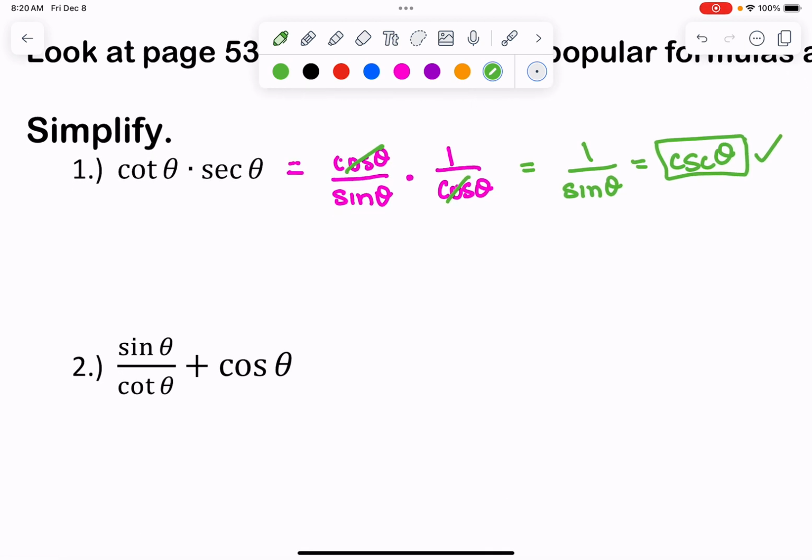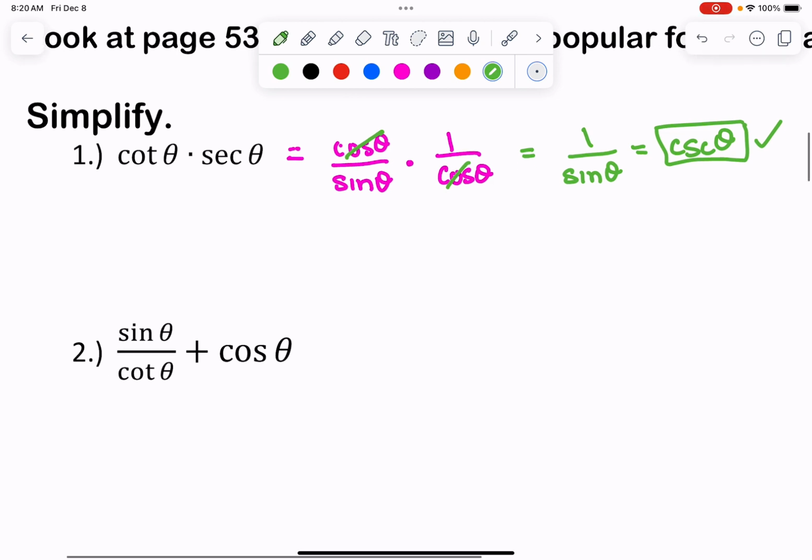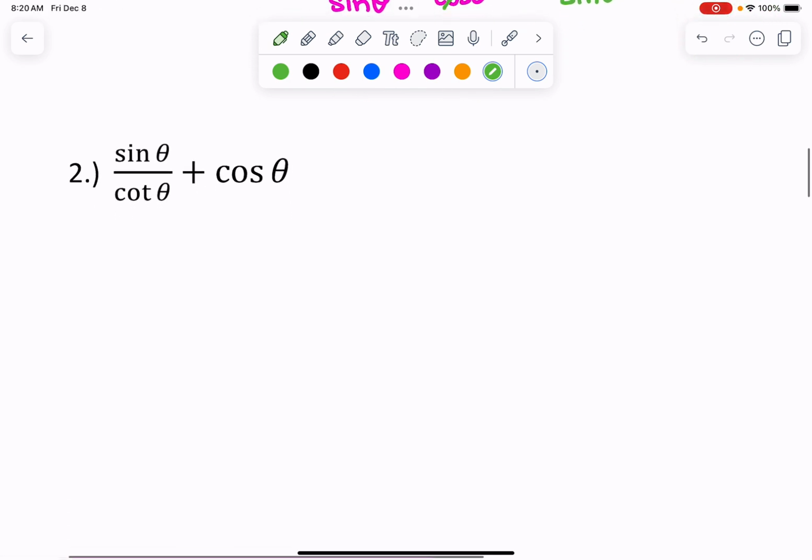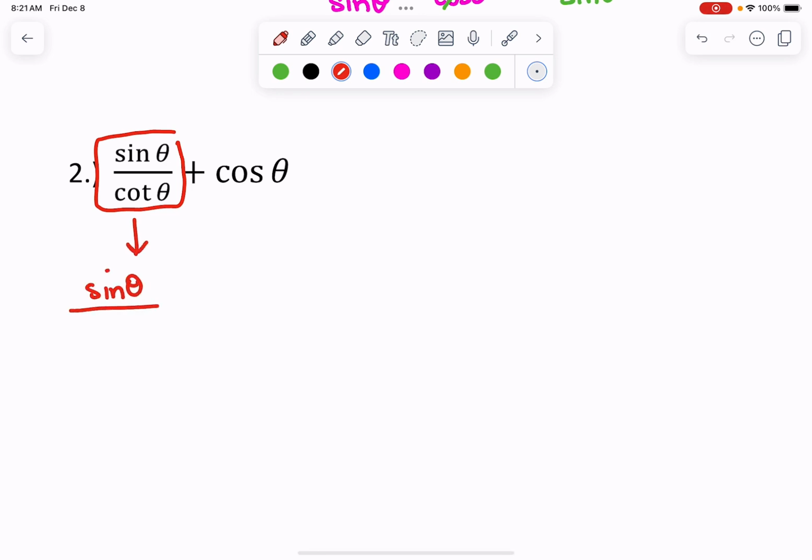Number 2, I want to do the same thing, but I see that first fraction of sine over cotangent, and I could find a common denominator of cotangent, but instead, I'm going to simplify this first fraction first. I'm going to rewrite this as sine of theta over the cotangent, which is cosine over sine.